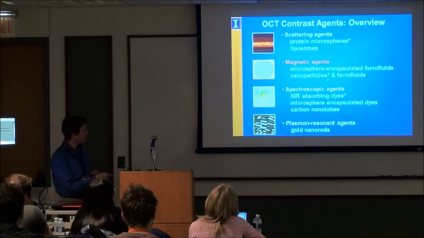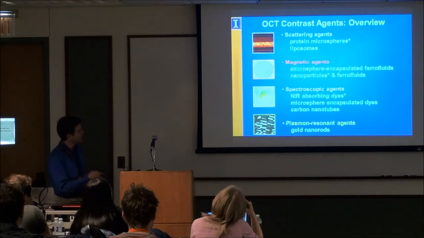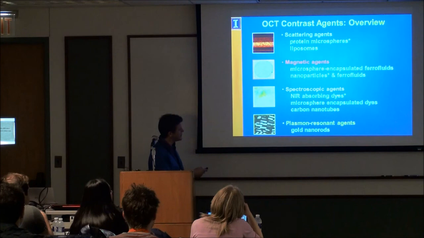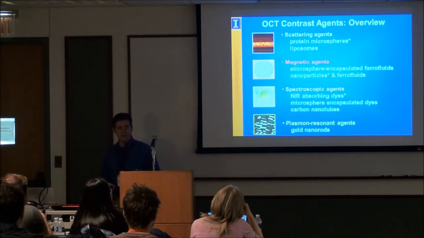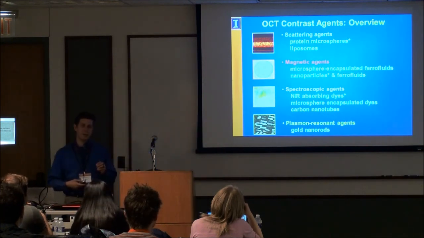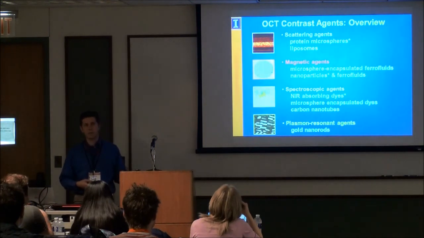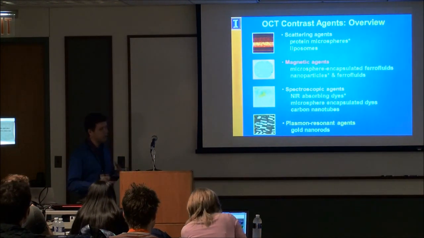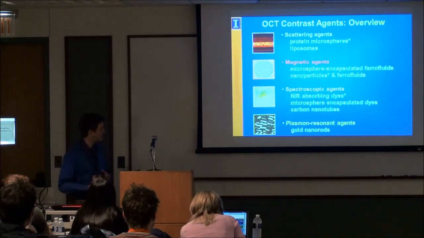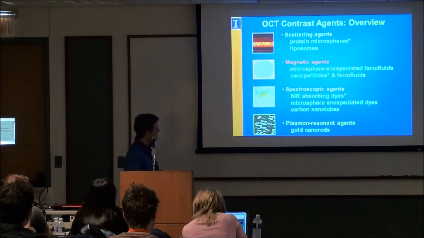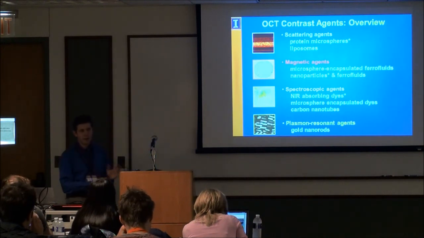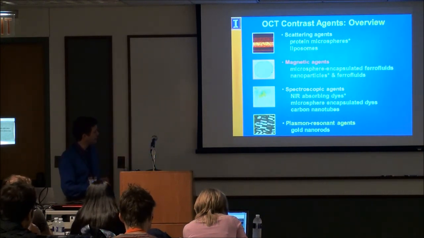They could be nanoparticles, or maybe we can put these nanoparticles into microspheres, which are shown here. Under spectroscopic agents, there may be near-IR dyes. These are dyes where we're not interested in the fluorescence, but in how they absorb the light in the near-infrared, and they'll change the OCT spectrum that's recovered. And finally, these plasmon-resonant agents, such as gold nanorods, will provide strong scattering or absorption spectra.